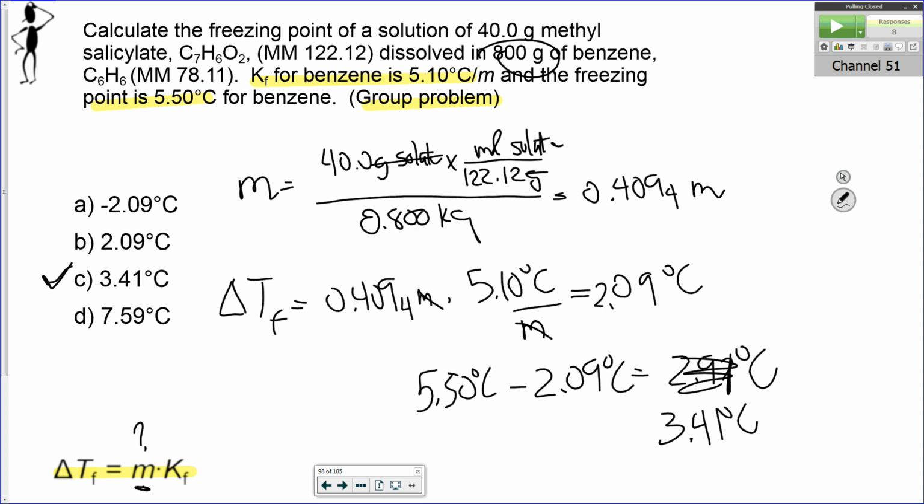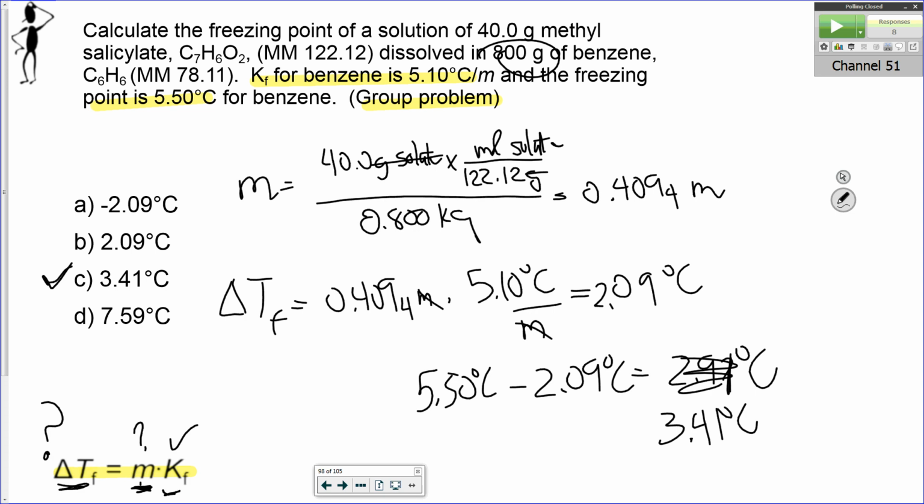On all these problems that we're doing, you've got to know that before you do anything with it. That's correct. So we know this one, right? To calculate the change in freezing point, we've got to know what this is. Well, to answer that, I've got to know these two things.